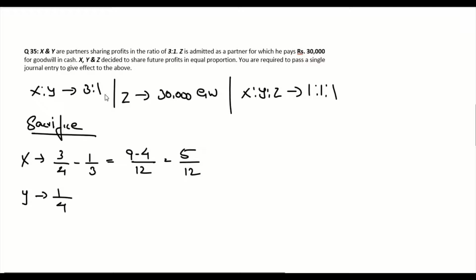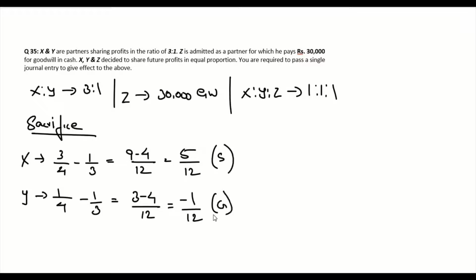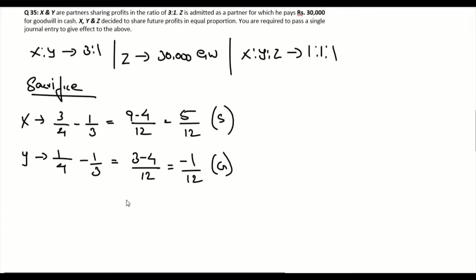So 1/4 minus 1/3 is 3 minus 4 over 12, that is minus 1/12. So here X is sacrificing and Y is gaining from this new profit sharing ratio.